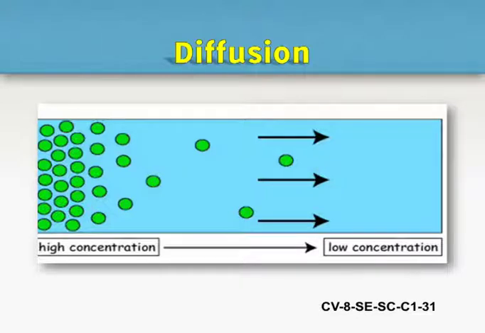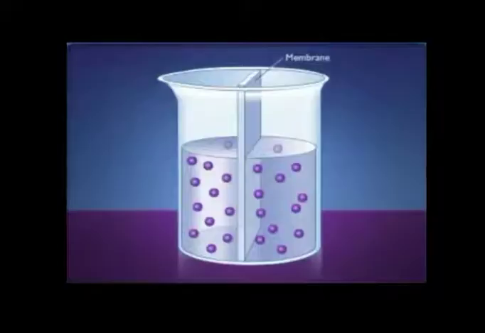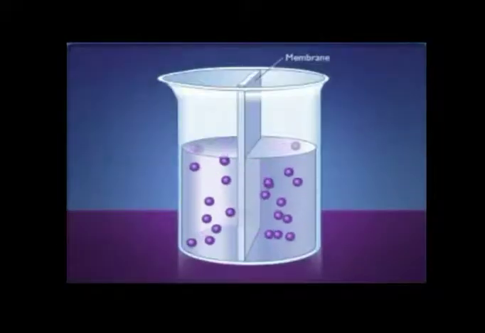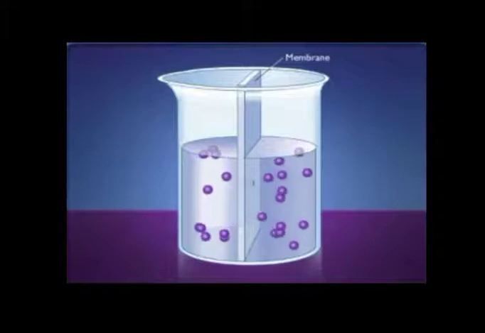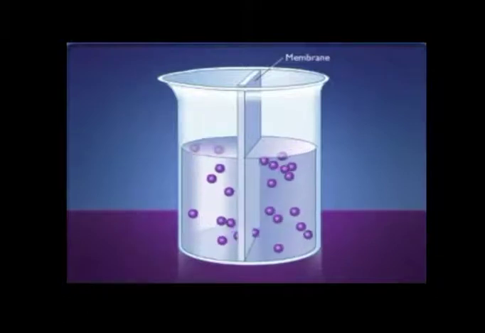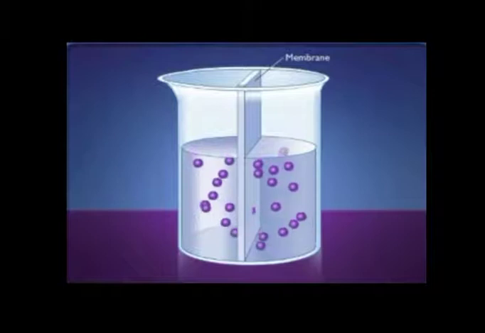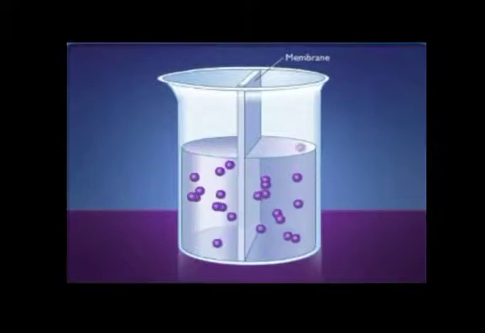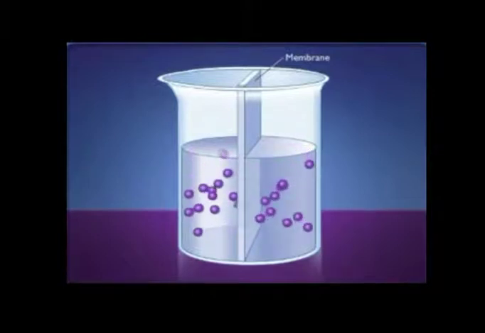Now let us verify whether molecules move from higher concentration to lower concentration. For this, children, observe this experiment carefully. Diffusion is the net movement of molecules down a concentration gradient. This process allows small molecules, such as oxygen and carbon dioxide, to cross the plasma membrane.